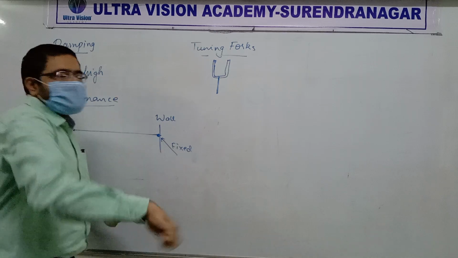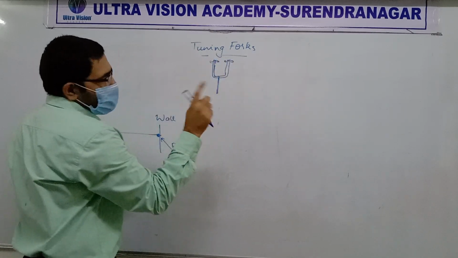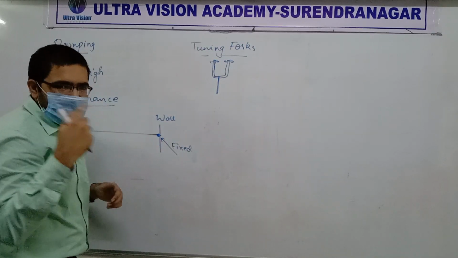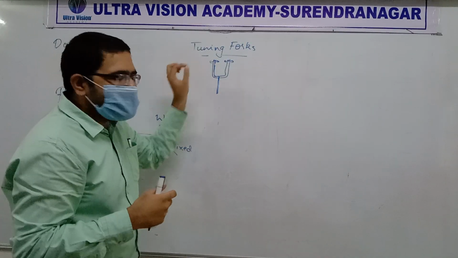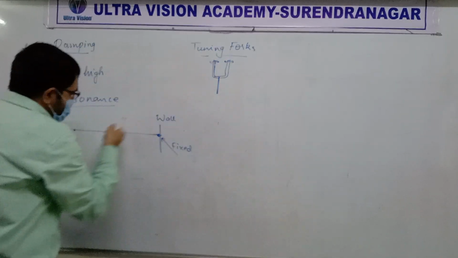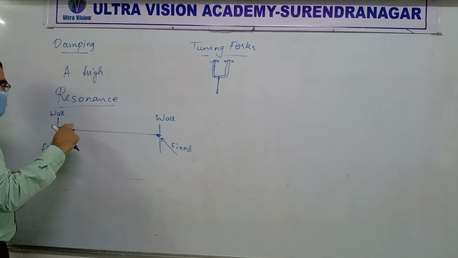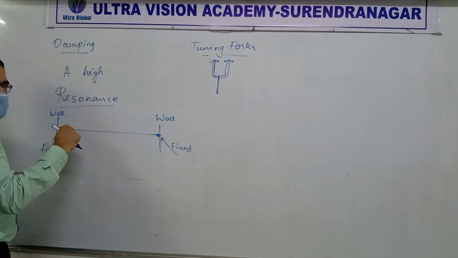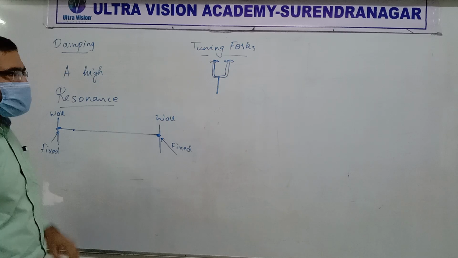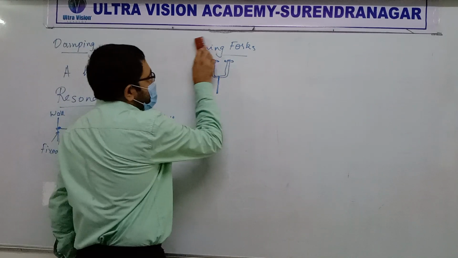You hit it somewhere, then these are called prongs. These prongs will start vibrating. Of course you cannot see it with the naked eye, they vibrate very little, but they do vibrate. So when you hit it somewhere and bring it close to this, that vibration will pass on to the string or wire, and that will also start vibrating or oscillating. These are some of the ways in which you can set up vibrations or oscillations in strings.